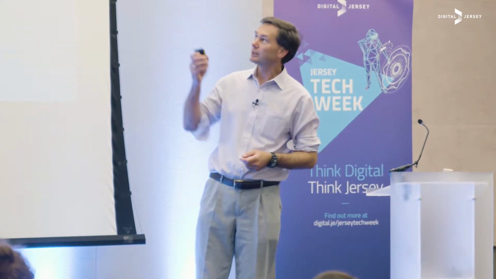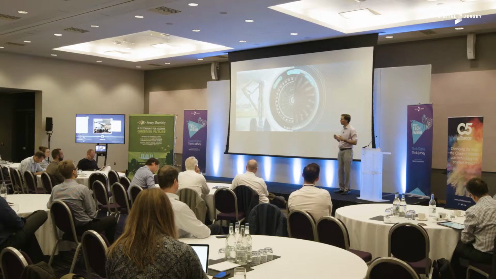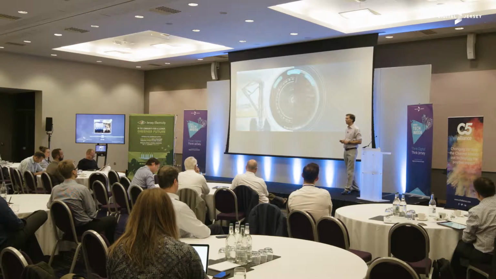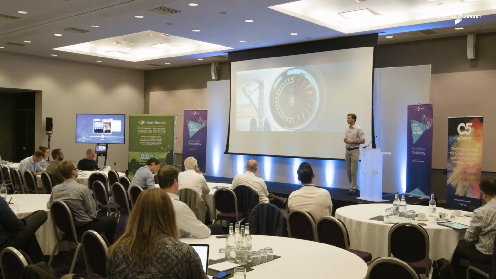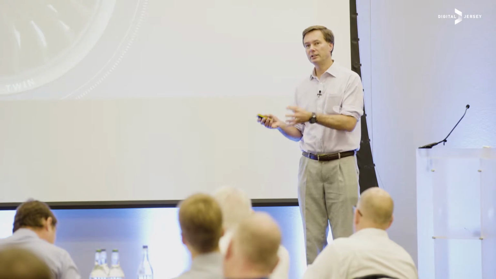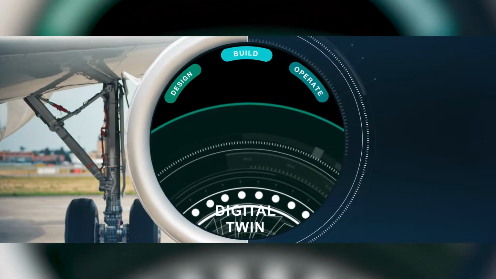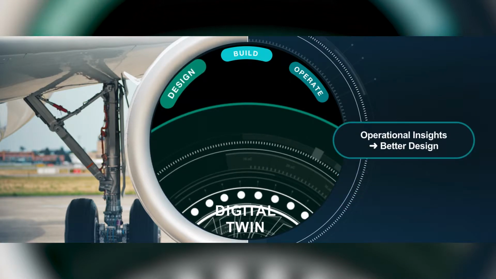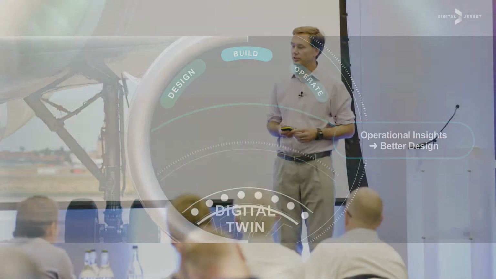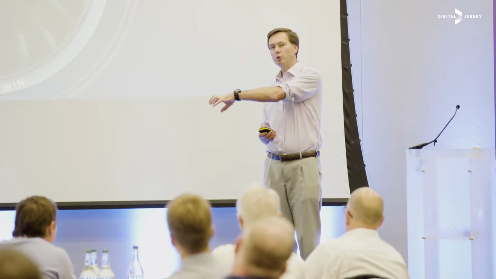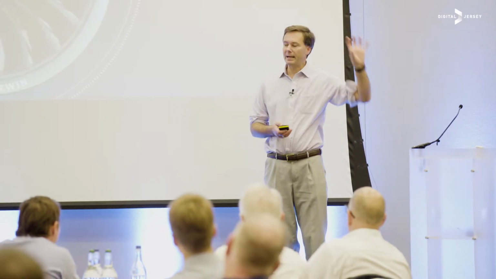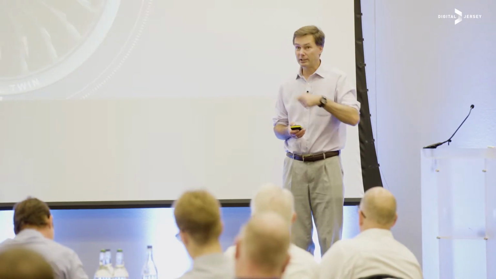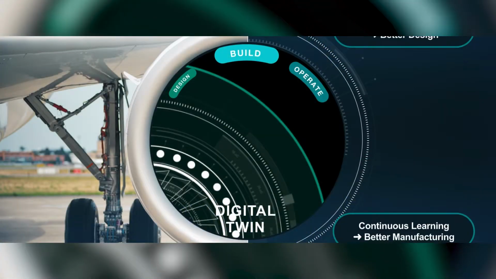So digital twins go through the whole life cycle of a system. When they're done properly and with most value, they incorporate the design, build, and operate phases of the life of an asset. By linking that together in a virtuous circle, by getting data from the operating system, you feed that back into the design process, so the next iteration becomes better in a closed-loop system.